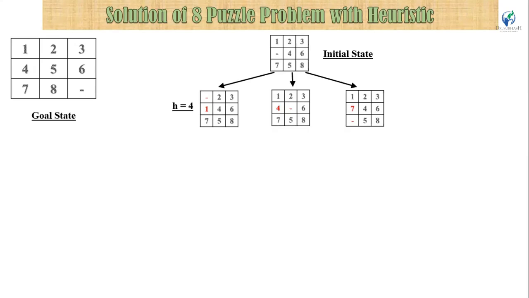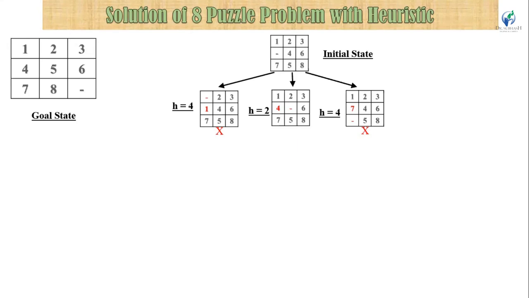Similarly, we find the next new states, and we see the heuristic values are 2 and 4. Now we consider the minimum heuristic value and expand that state. The middle state has the minimum heuristic value, so we expand that.